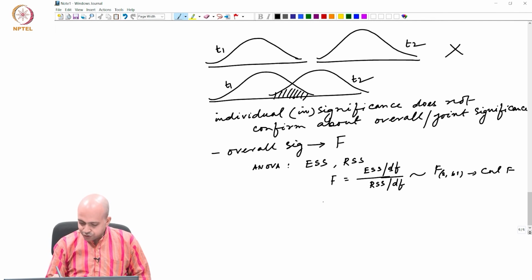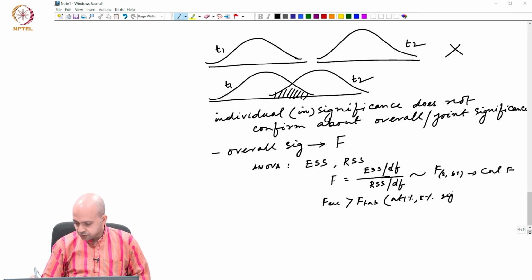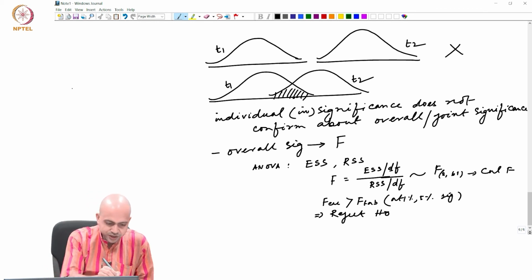And if the calculated F is greater than tabulated F at, let us say, 1% or 5% significance, then we have to reject H naught. And what is the H naught?